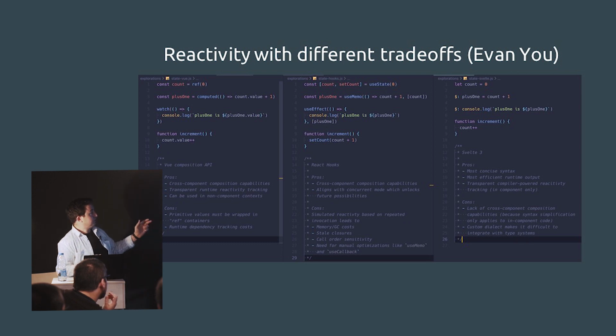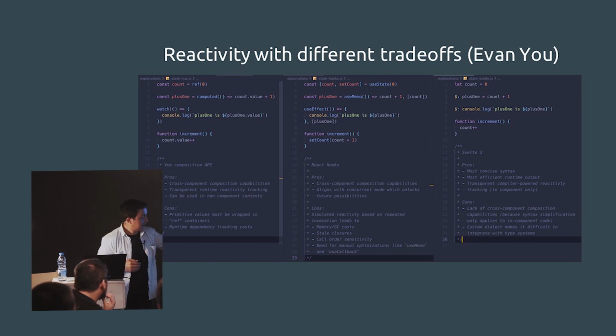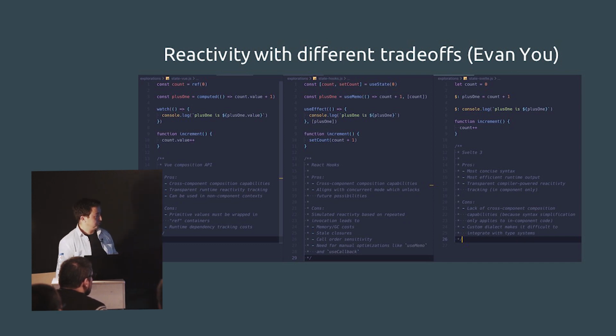But between Vue and hooks, you can see a lot of things here, like memory GC costs, stale closures, and a lot of other things.